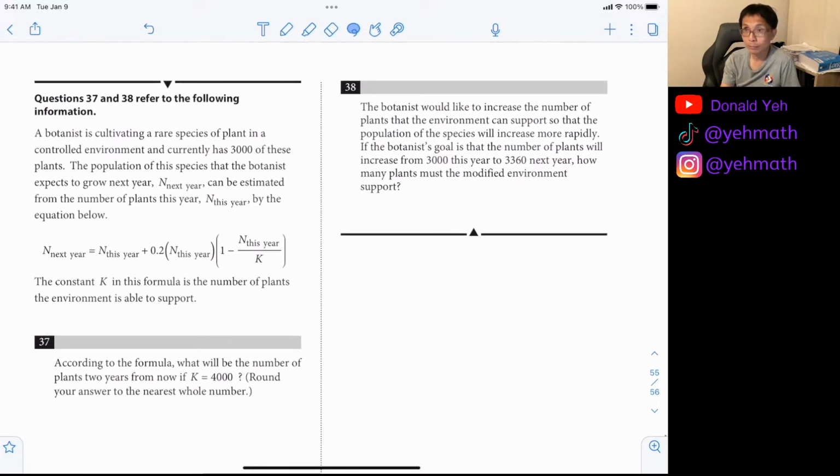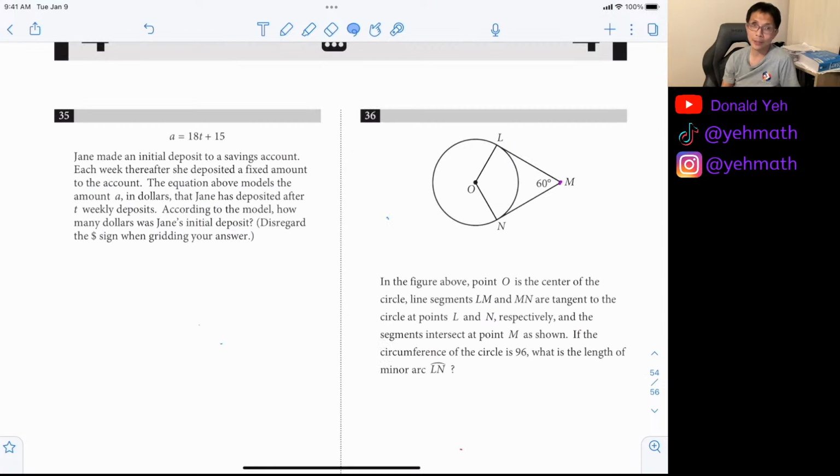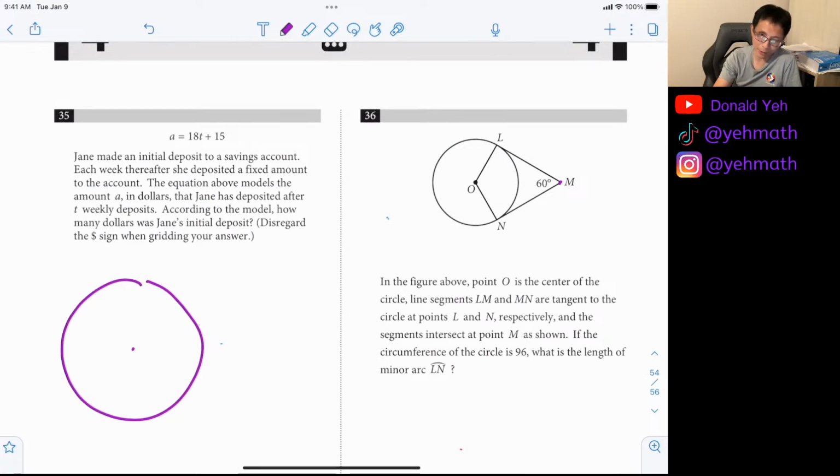Wait, Mr., do we need to know this formula? For example, let's say I have a circle like this, and this is 150 degrees open, and this is 10. I want to find this area, and do I need to know the area of a sector formula? I don't need it. Why?